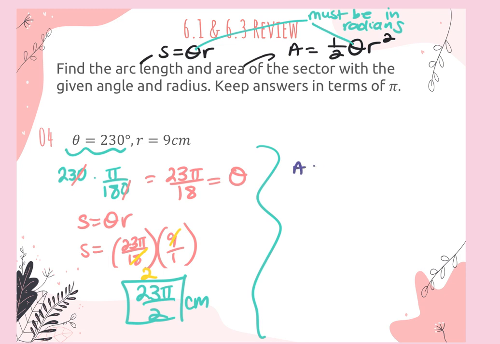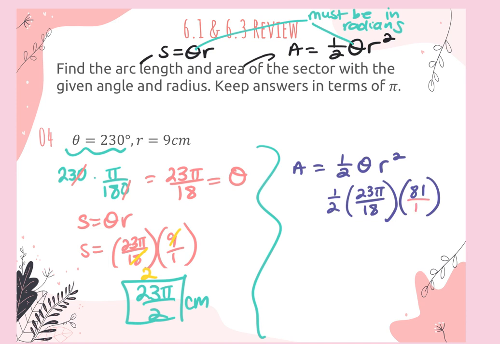And then the area is 1/2 theta times r squared, or 1/2 r squared times theta. Order doesn't matter there. 1/2 theta is 23 pi over 18. And r squared would be 9 squared, which is 81. Some of you forgot to square the r, so be careful there. Again, if I want to put that whole number over 1, and then I can cancel in my numerators, denominators, whichever way I can simplify. I want to simplify to make these smaller numbers before the end.